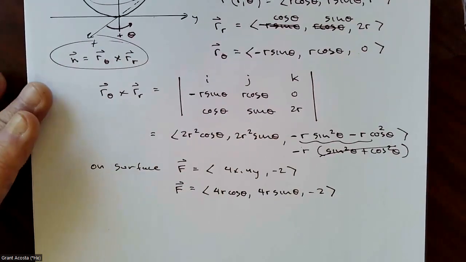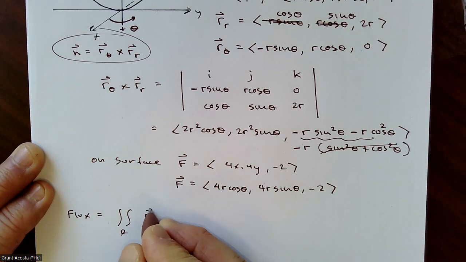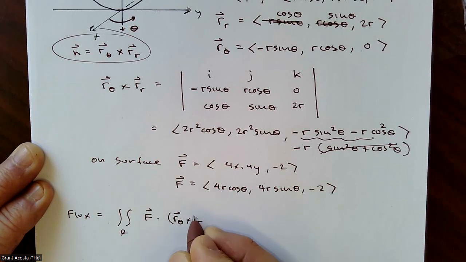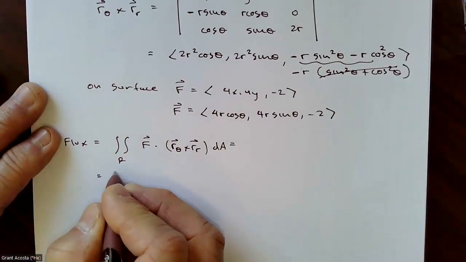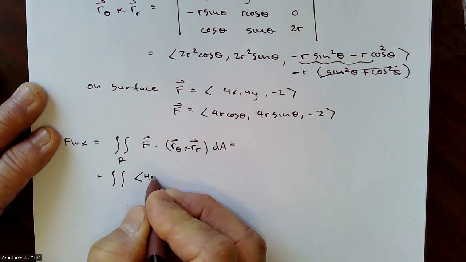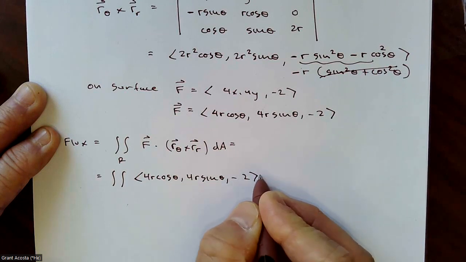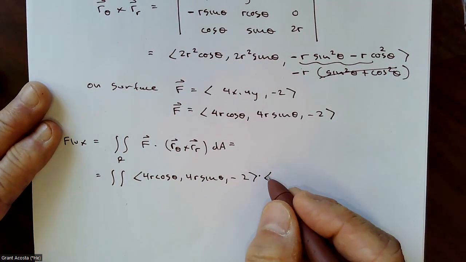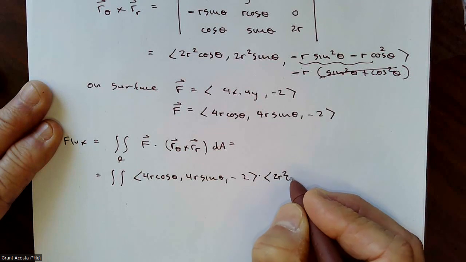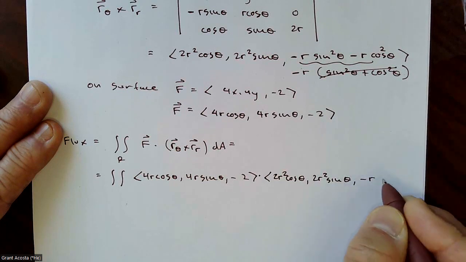Okay, now we're ready. So then flux is F dotted with, in our case, r sub theta cross r sub r. So 4r cosine theta, 4r sine theta, 2, dotted with 2r squared cosine theta, 2r squared sine theta, negative r.